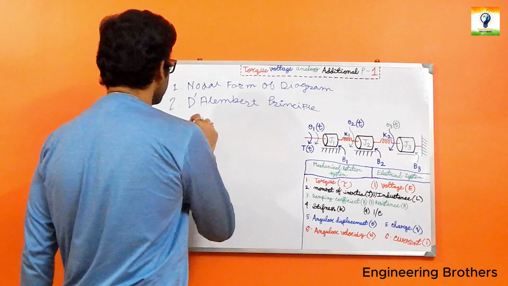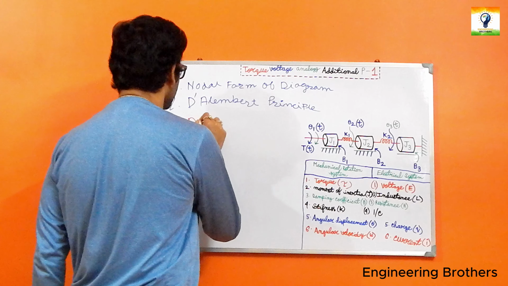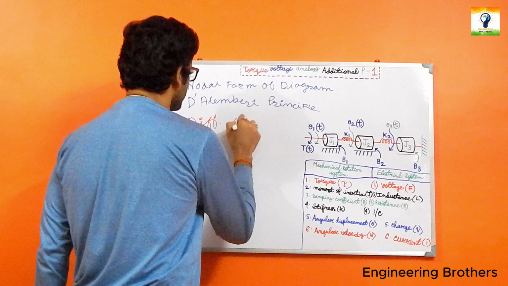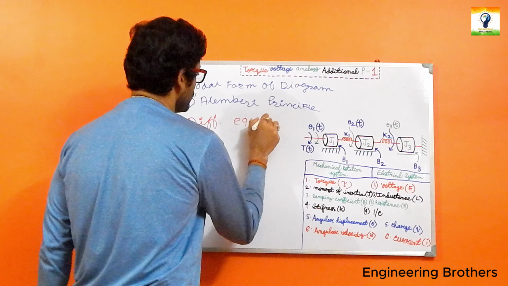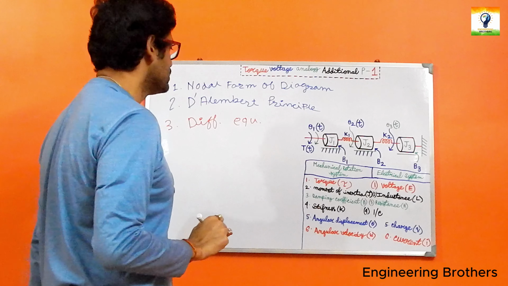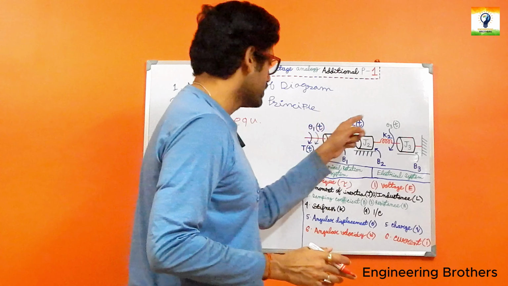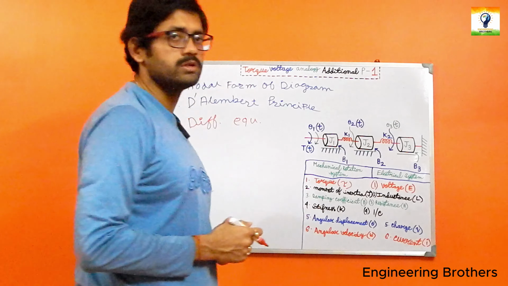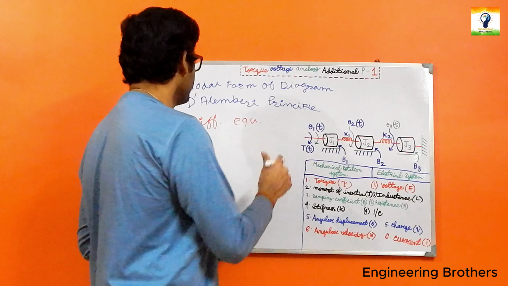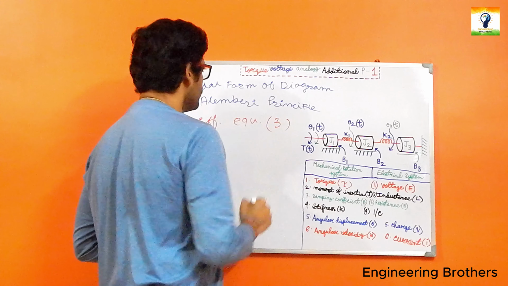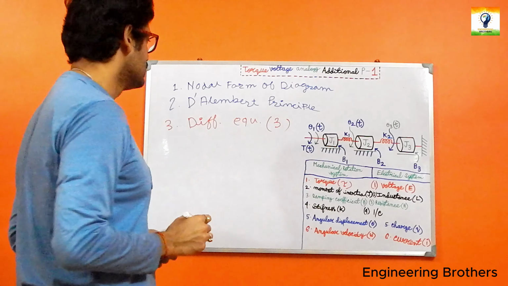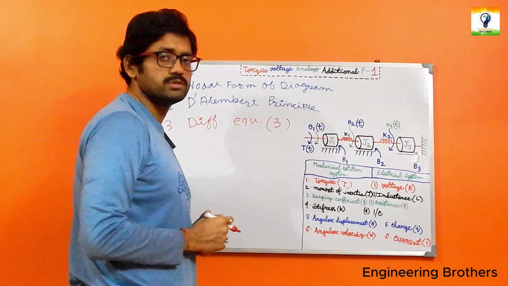Just by applying the D'Alembert principle we have got our differential equations. And what is going to be the number of differential equations? As we have three different angular displacements, we have three differential equations.